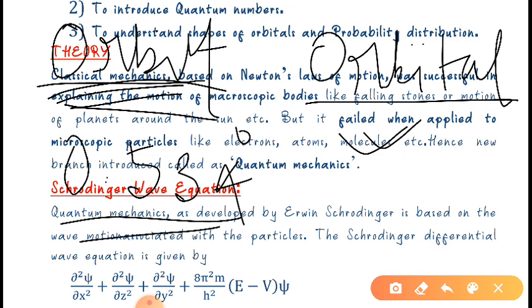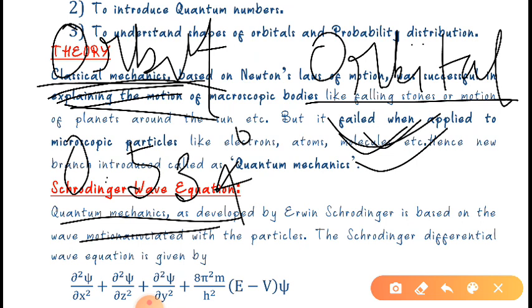So an orbit indicates the exact position of an electron in an atom. But an orbital does not specify the exact position of an electron in an atom, since the electron, due to its wave nature, cannot be found at a fixed distance from the nucleus. So I hope you are understanding the difference between orbit and orbital.